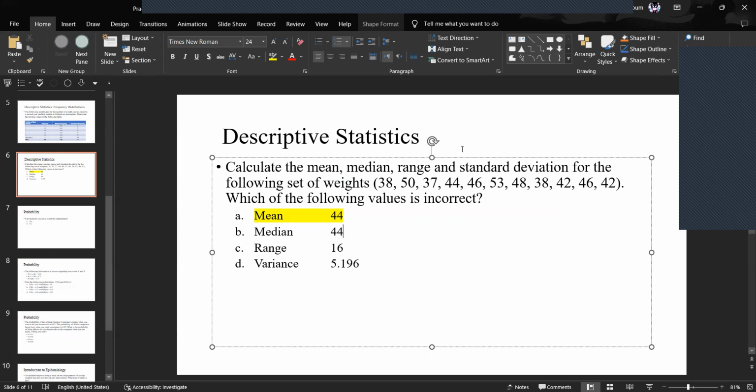So you remove the largest number, remove the smallest number, until you end up with one number, which is the number that's in the exact middle, and that's your median. Okay? For the range, that's fairly straightforward. You just take the biggest value, and then you subtract from it the smallest value. And so 53 minus 38, that's 15, not 16, and so this answer is wrong.